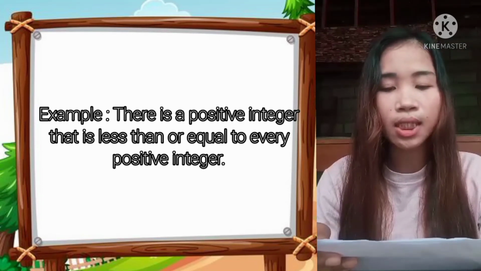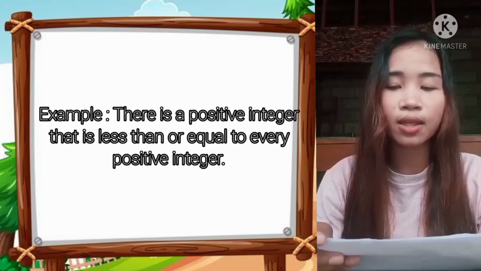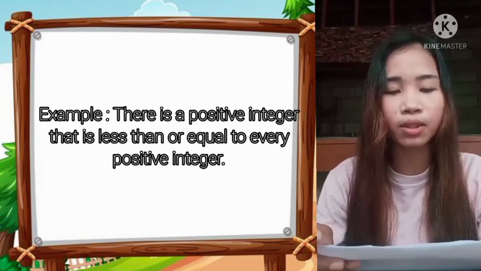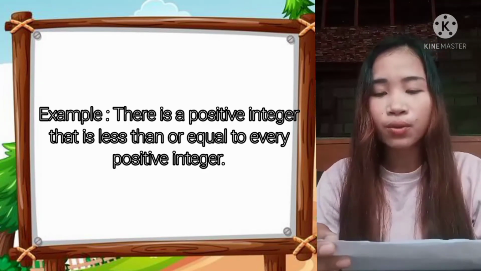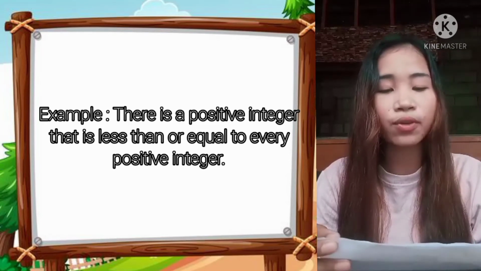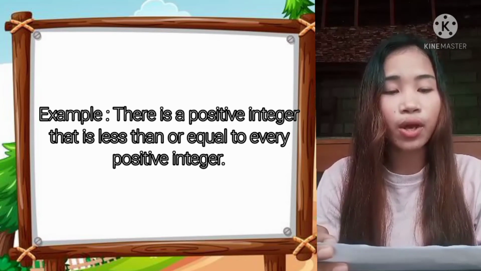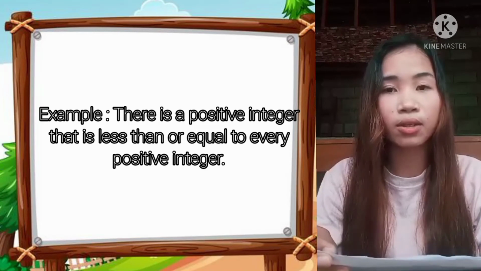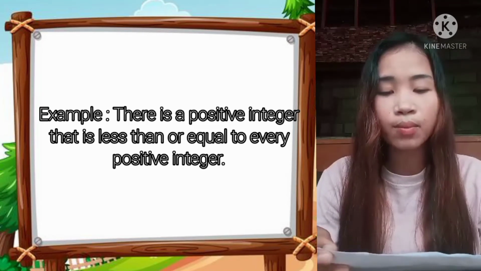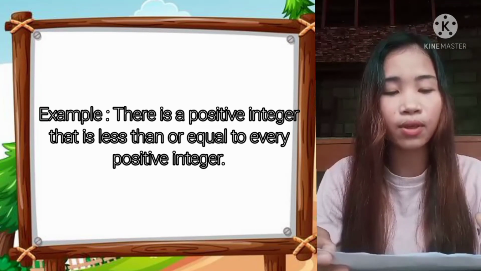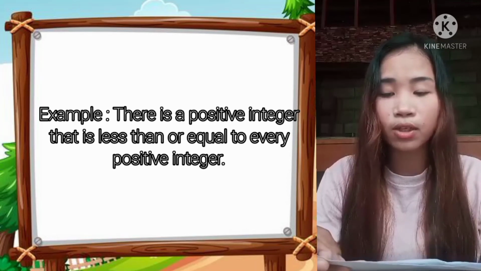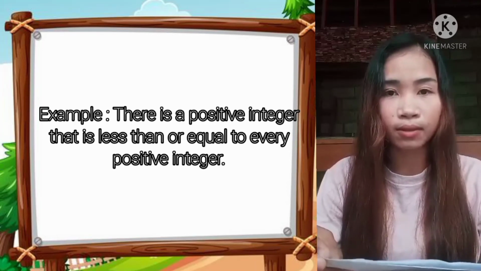Example, there is a positive integer that is less than or equal to every positive integer. So, the first part, the positive integer, that is your existential. And the second part, starting from every positive integer, that is your universal statement.